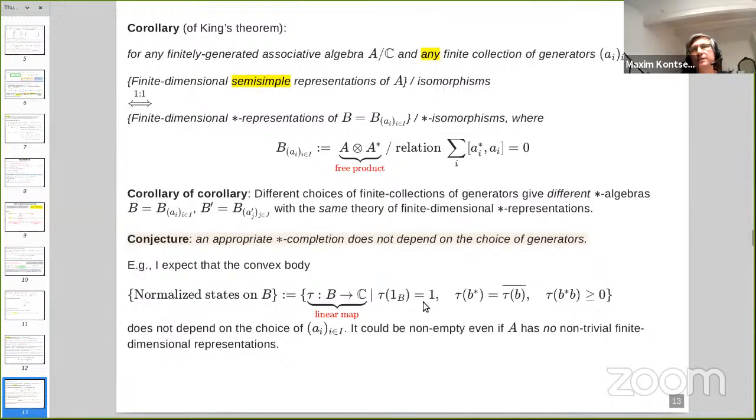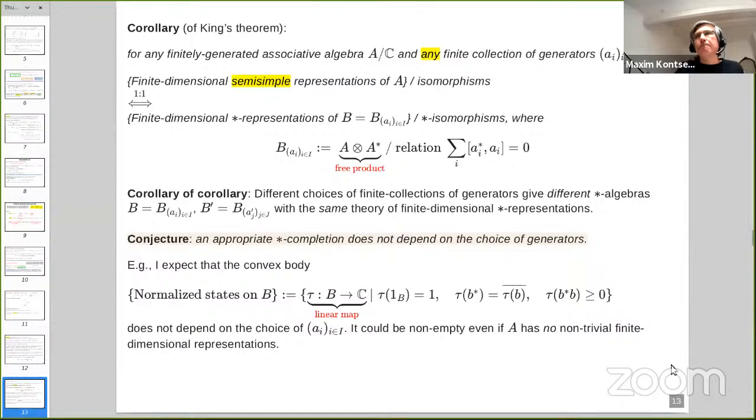And the conjecture is that this will be a certain infinite dimensional convex body, which doesn't depend on the choice of generators. And this convex body could be non-empty even if the algebra has no non-trivial finite dimensional representation. So there will be some kind of representation factors which will give such traces.